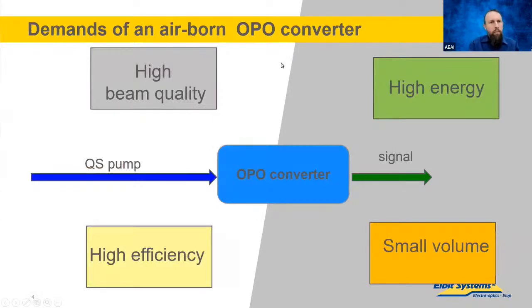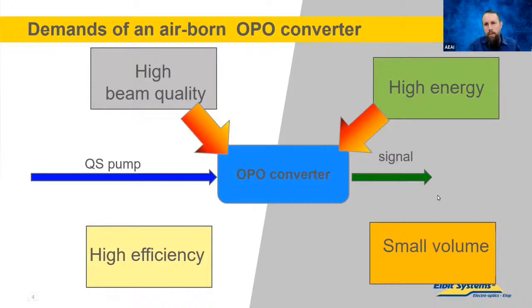If we look at the demands of such an airborne OPO converter, first of all we would like high beam quality, because we're talking in most cases about applications from a large distance. In order to get a small pump spot, we would like to have good beam quality, of course. And in order to get information or signal from the target, we'd like to have high energy.